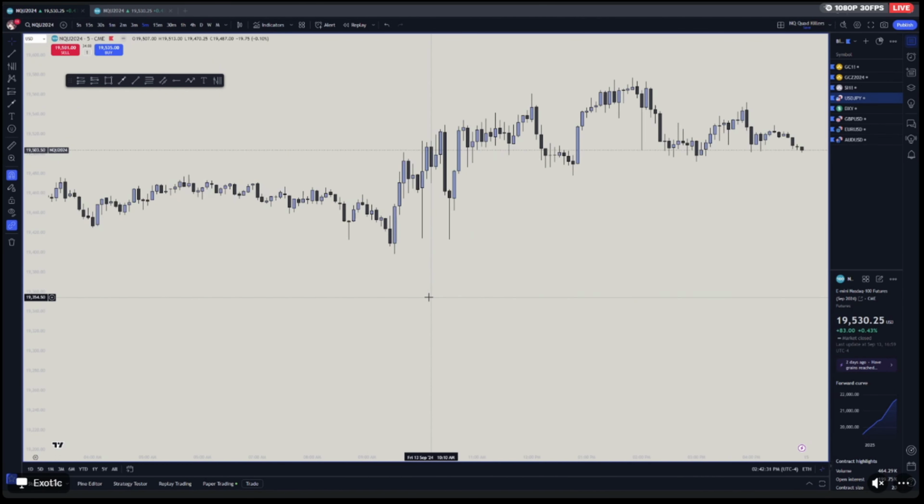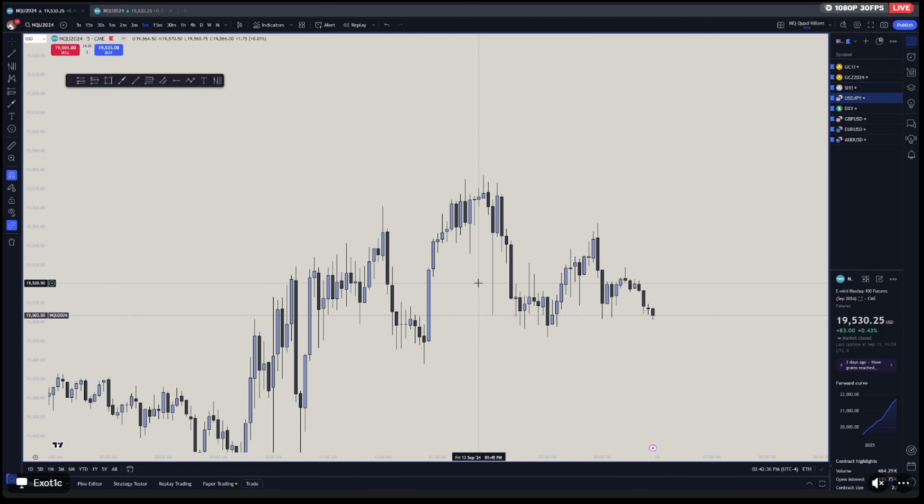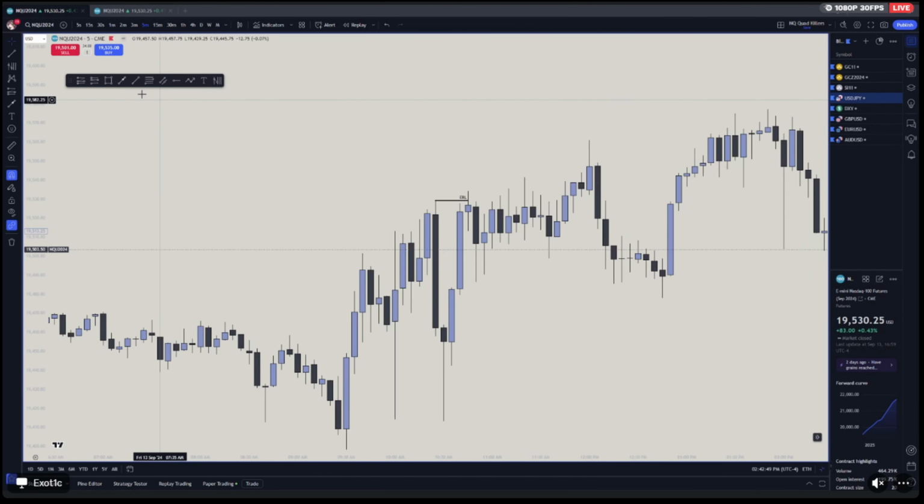Let's see if it's a good one here. Yeah, we could look at this 5 minute internal to external here, right? If this is going to be your ERL here, and we're assuming this fair value gap is going to be your IRL here, right?